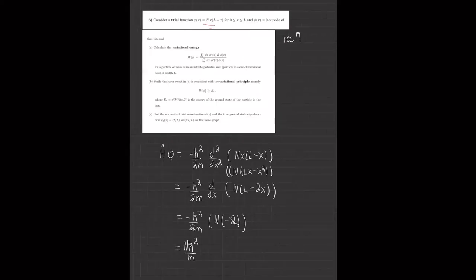After solving for this, this will just be equal to plus L2, and this will be positive ħ squared over m times n. So then we solve the integral for this.